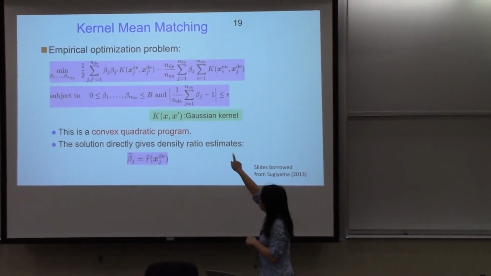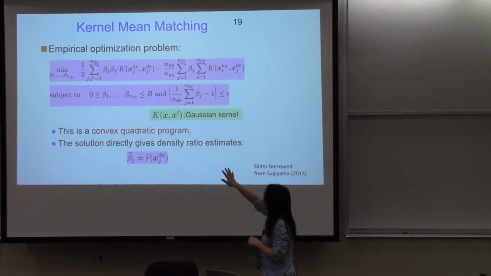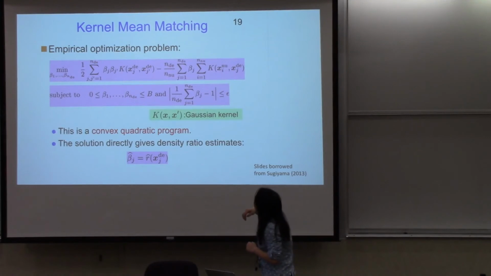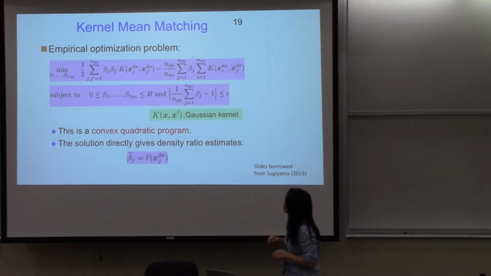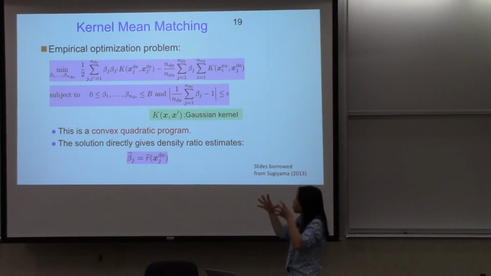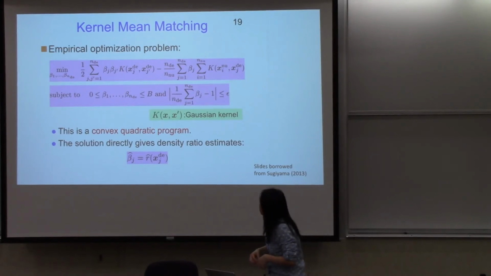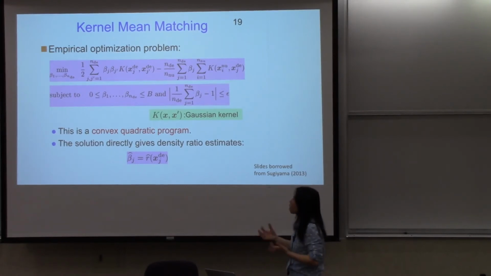You want to minimize the difference of these two, subject to some conditions on the betas, so we still restrict the set of possible parameters.